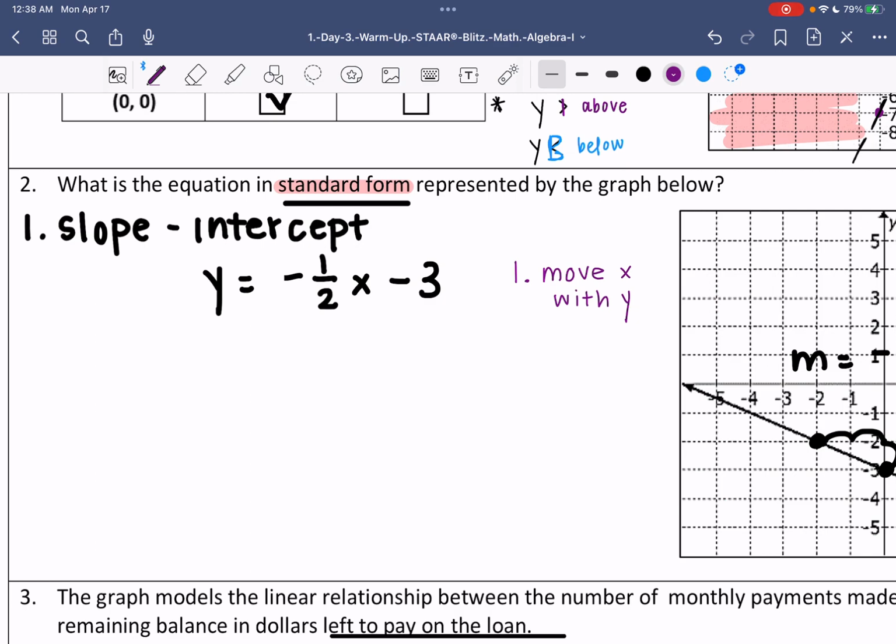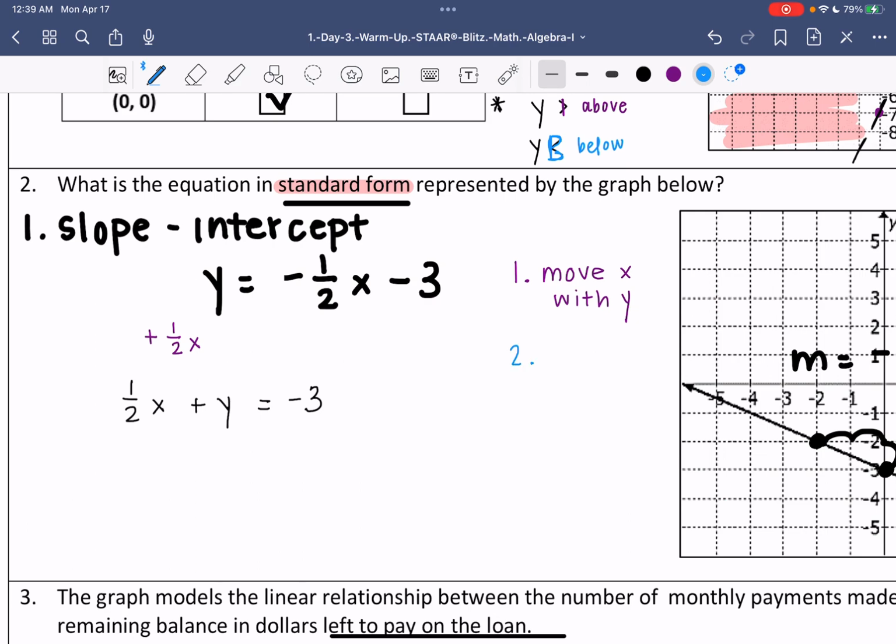So when I move it, I'm still going to do the opposite sign. So now, because it's a -1/2, it's going to be a +1/2 over here. So let's rewrite what we have. So now we have +1/2 x plus y equals -3. So then, usually our second step is divide the number off of y.